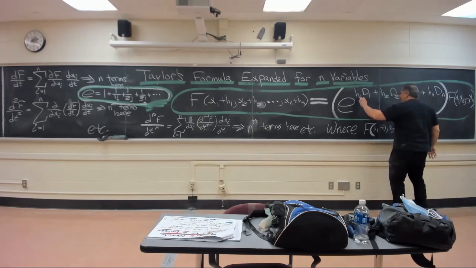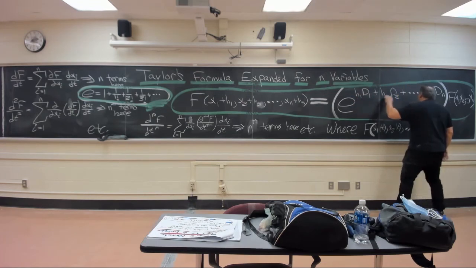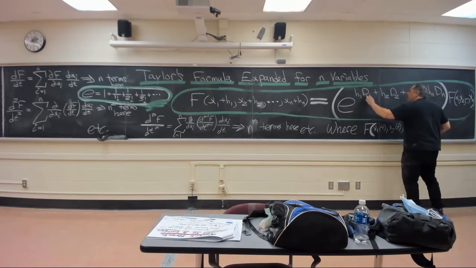It's kind of weird. These are real numbers, perhaps complex numbers too, but let's not go there. Real numbers are a special kind of complex number, so let's just deal with real numbers right now. Here's a real number, and these are differential operators.